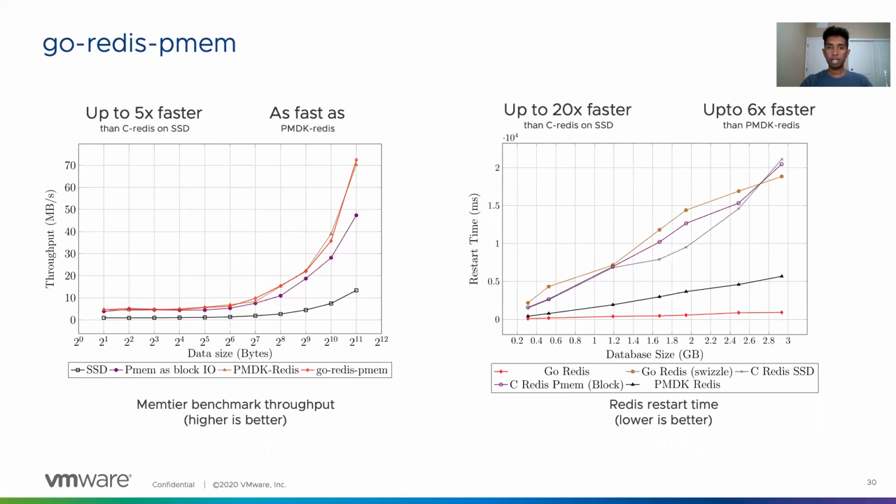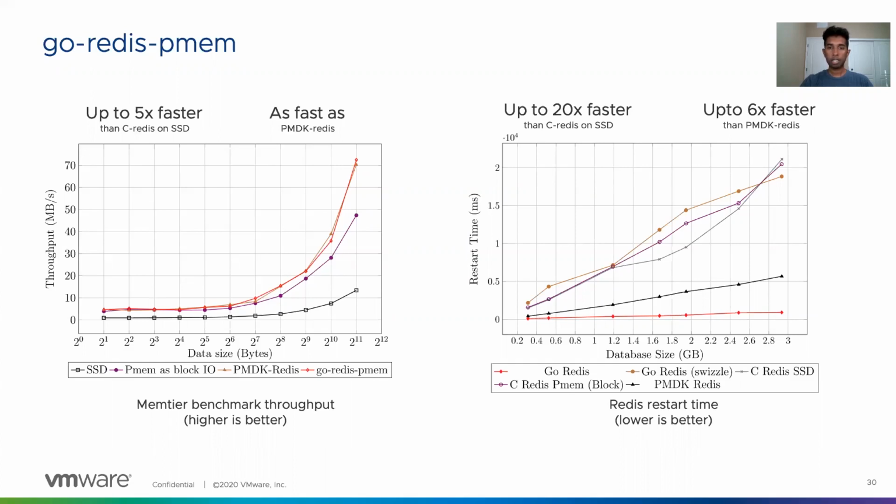As can be seen in the first graph, Go-Redis pmem achieves 5x more throughput than C-Redis SSD as the data size increases. The second graph compares the restart time. Go-Redis pmem comes back up 20 times faster than C-Redis SSD when the database size is 3 GB.